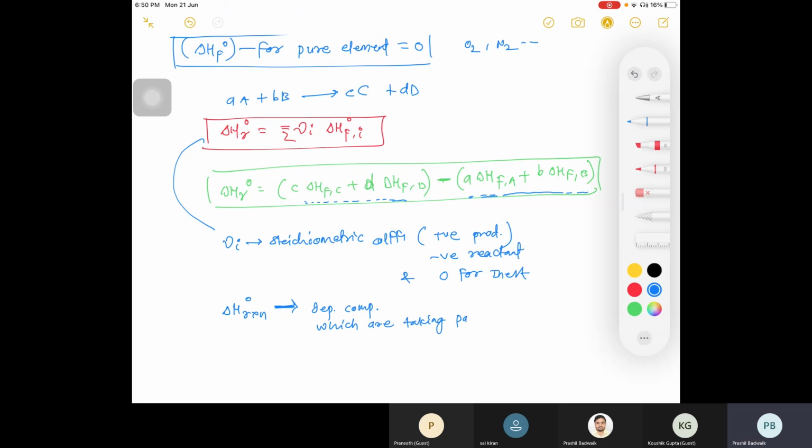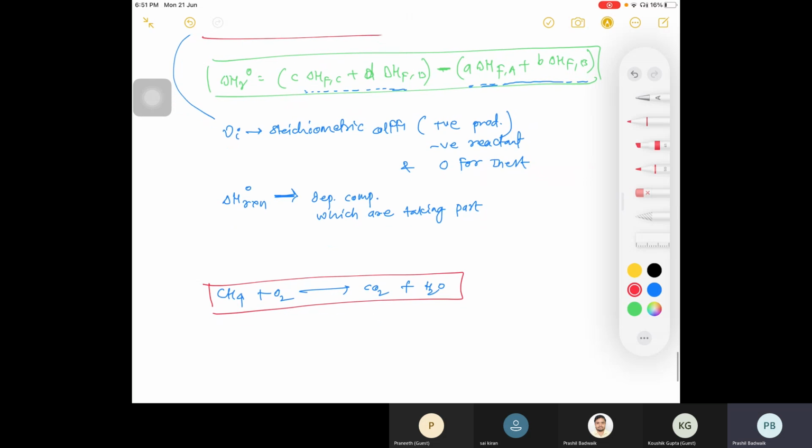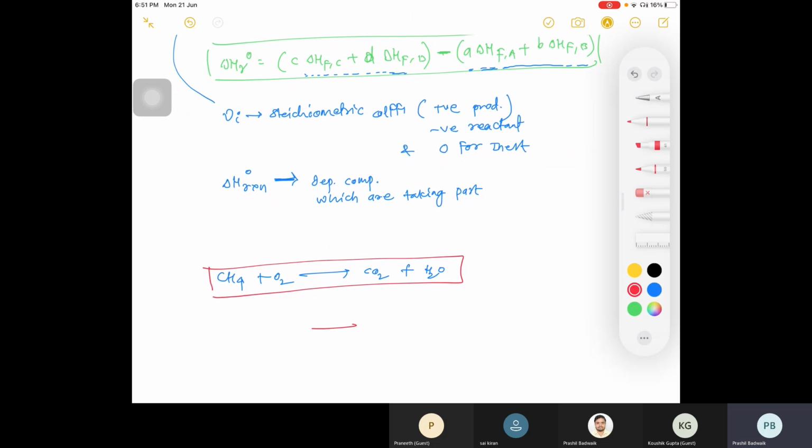Okay, and we know, suppose I am writing any component, suppose CO2. So in a reaction, suppose there is methane plus oxygen, giving you CO2 plus water, right? This is your reaction. But to write the data for this reaction, what do I have to do? How will I start? I will first write the formation of CH4, so I'll get the enthalpy of formation of CH4.